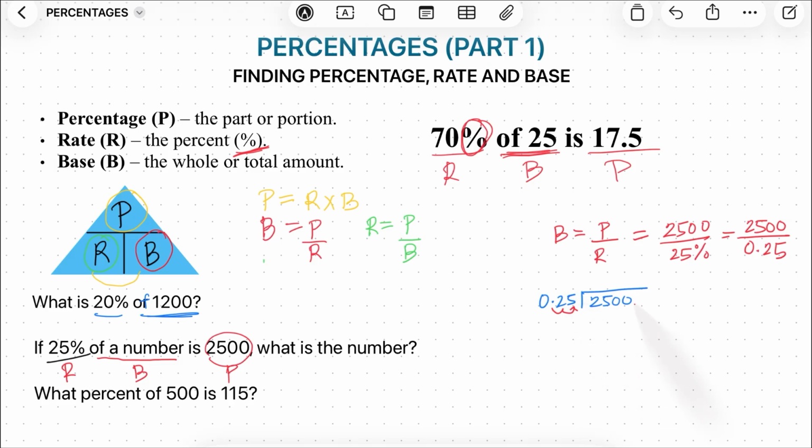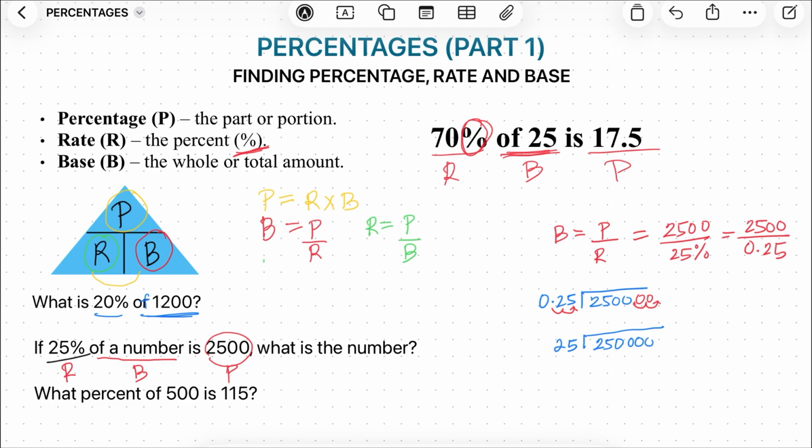We are also going to move the point in the dividend 2 times to the right as well. Since the decimal point of any whole number is at the end, I'm going to move it 2 times, and since it's vacant, I'm going to put zeros. So instead of 2,500 divided by 0.25, we can also read that as 250,000 divided by 25. Now our divisor is a whole number.